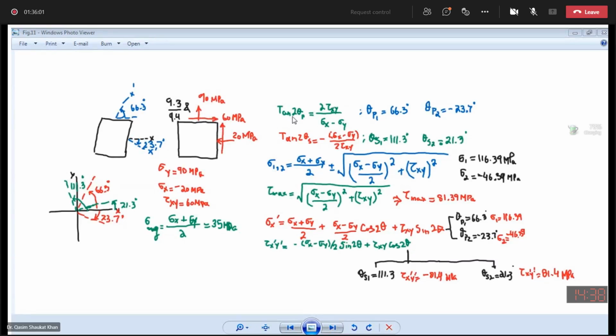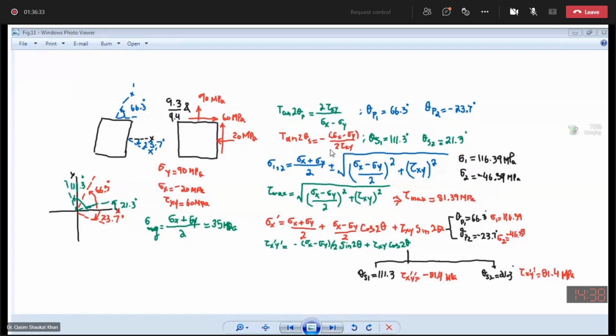So you calculated tan 2 theta p, and theta p1 is 66.3, theta p2 is minus 23.7. Then you calculated the maximum and minimum principal stress. Sigma 1 you got as 116.39 megapascals. Sigma 2 you got as minus 46.39 megapascals. Then using your equation number 1, putting the values of theta P1 and theta P2, you can again get your maximum and minimum normal stresses.